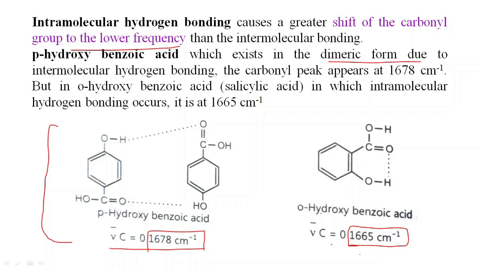That means the energy required to stretch the CO bond in orthohydroxybenzoic acid is less as compared with the energy required to stretch this CO bond in para-hydroxybenzoic acid.